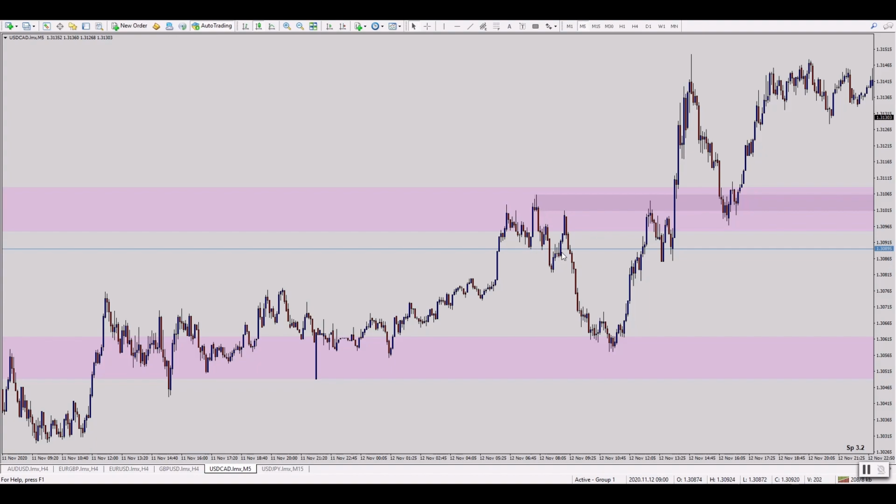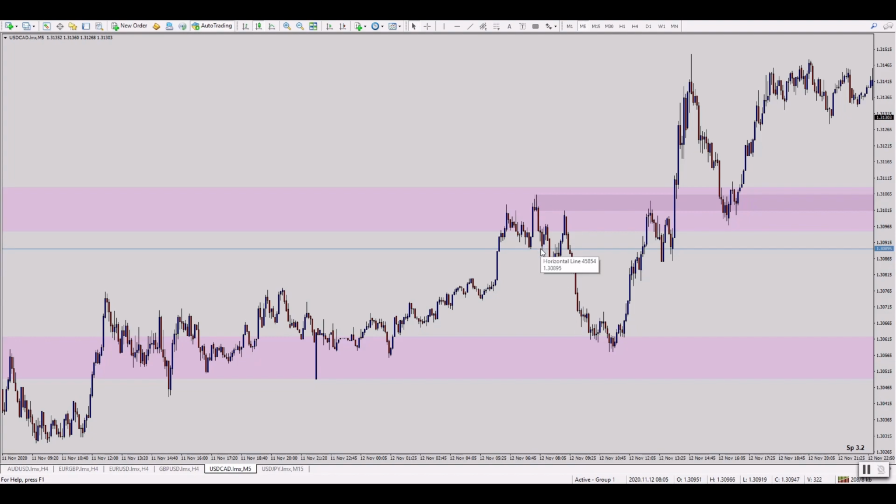The Quasimodos take longer to develop. I've actually now decided that I prefer waiting, having a more relaxed life, and just going for the QM over looking for a break and retest. They're both equally valid. I've just decided that I would prefer to trade these, and they tend to be higher value as well.